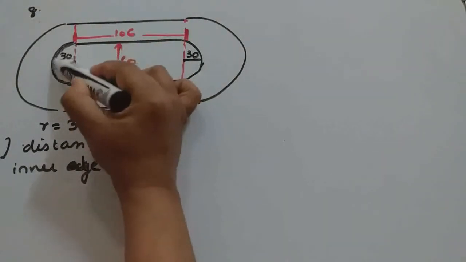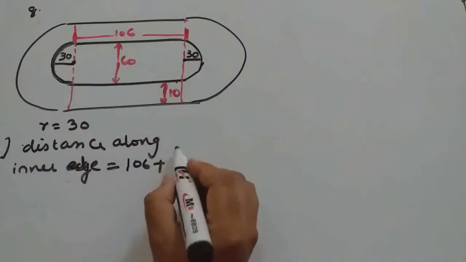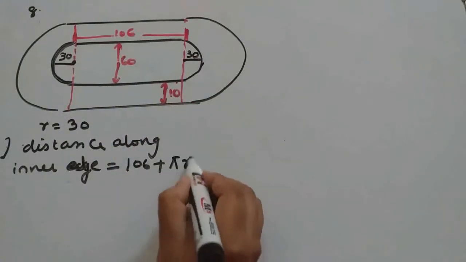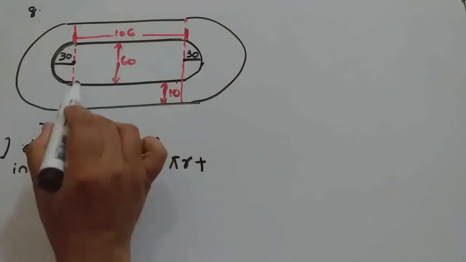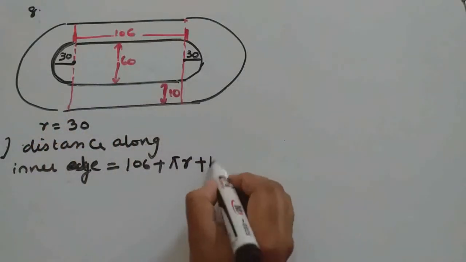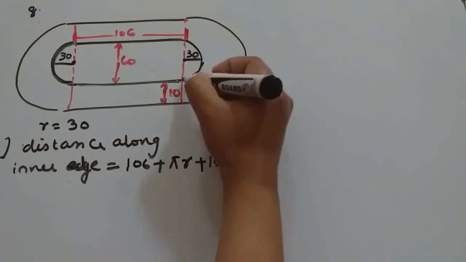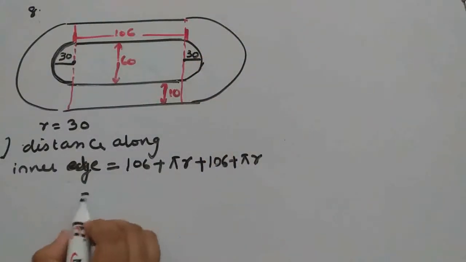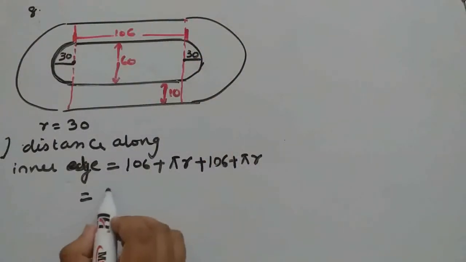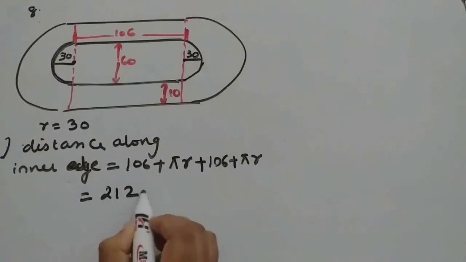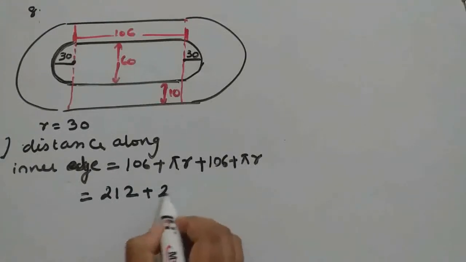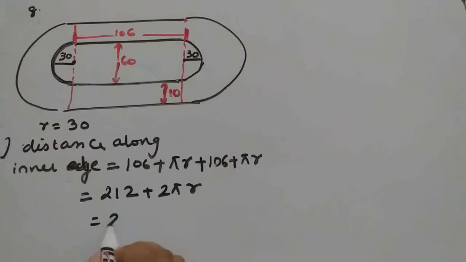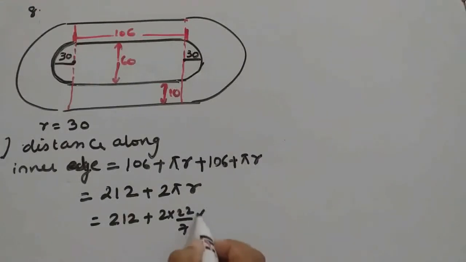It is the circumference of a semicircle, that is pi r, plus this length, that is also 106, plus the circumference of a semicircle. So what can we write? 212 plus 2 pi r, and r is 30.